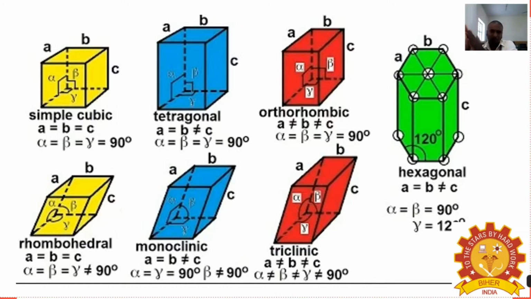Next we go to triclinic. This triclinic structure has lengths similar to the orthorhombic crystal structure. Here also A is not equal to B, B is not equal to C. The same length condition holds in orthorhombic and triclinic.